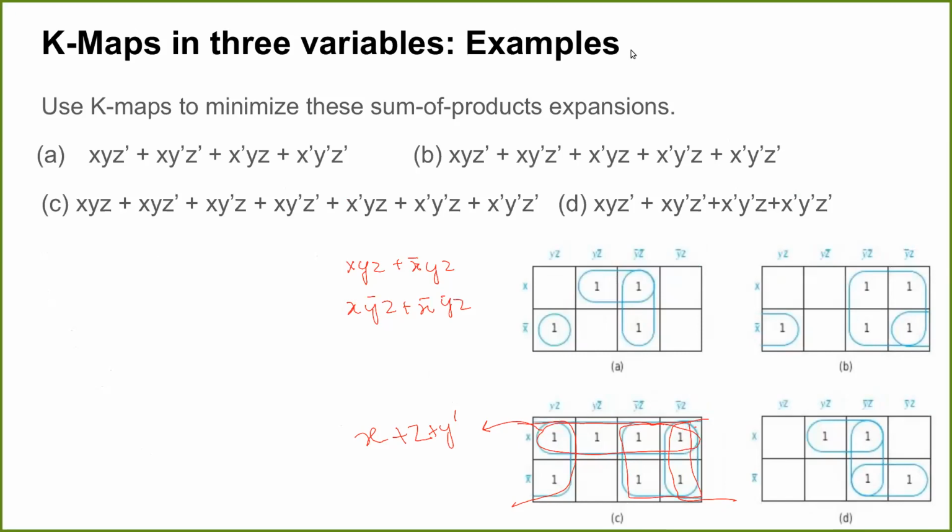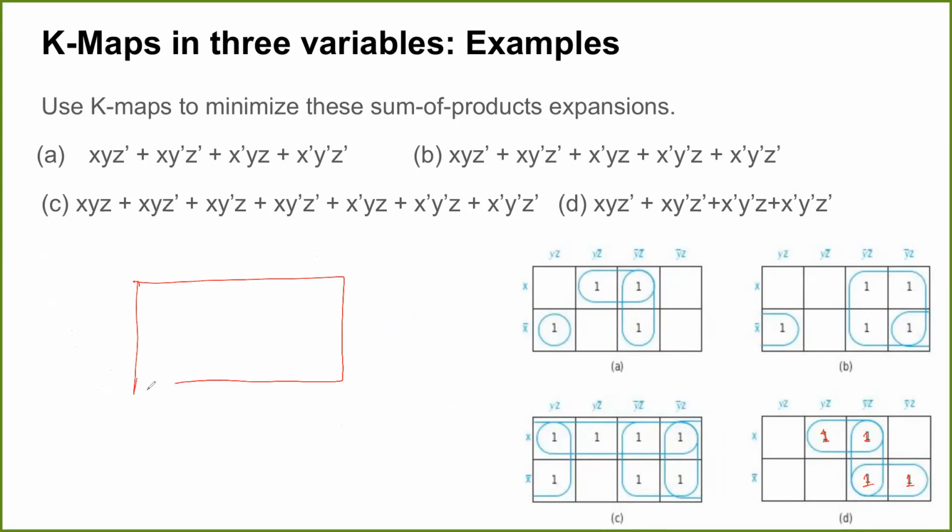And okay, the last part is a little, there's something more to understand here. Okay, I have these four groups, so I have grouped them like this: one, two. Okay, so this would have been sufficient if I do it. So let me just draw it here for better understanding.